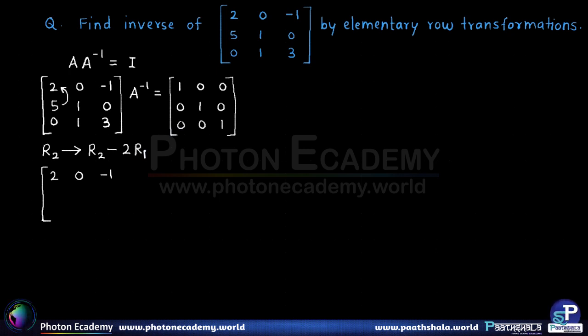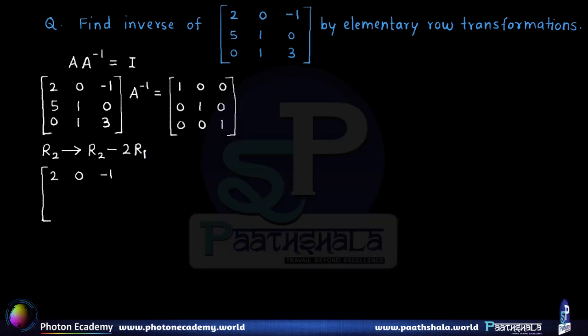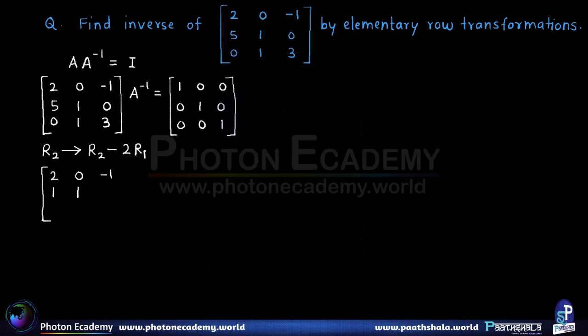So 5 minus twice of 2, that is 5 minus 4, is 1. So I write 1 here. Then 1 minus twice of 0, which is 1 minus 0, gives us 1. And then we have 0 minus twice of minus 1, that is 0 minus minus 2, which gives us plus 2. Alright, so the second row has been changed. The third row remains intact.